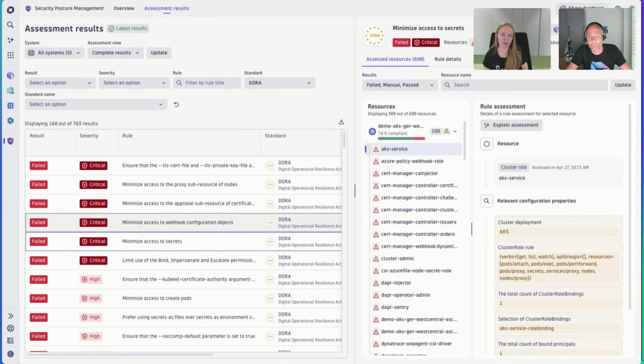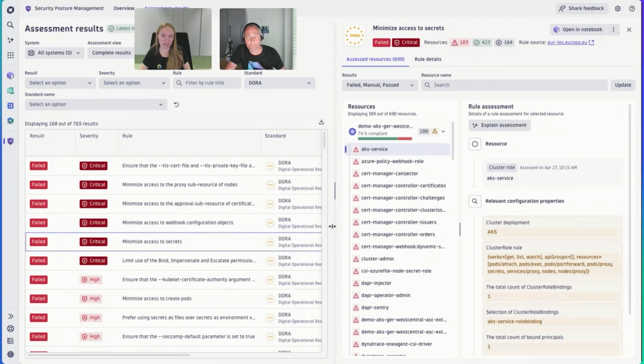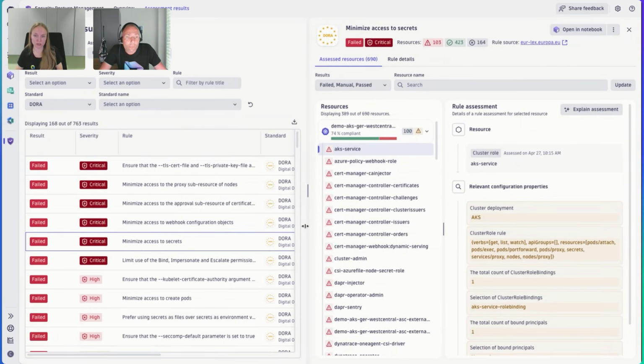So from here, even if you are not the team owning and really driving the security posture management initiative, you can still get an understanding of the severity of this finding to reduce noise and prioritize fixing the underlying configuration.